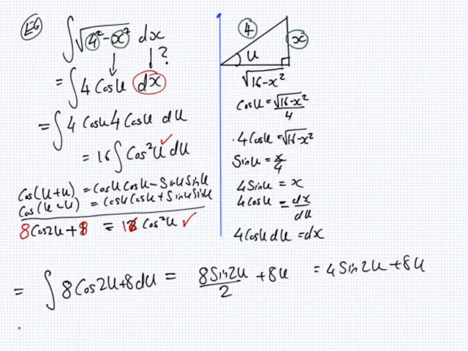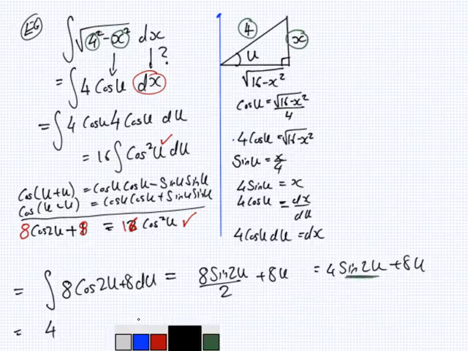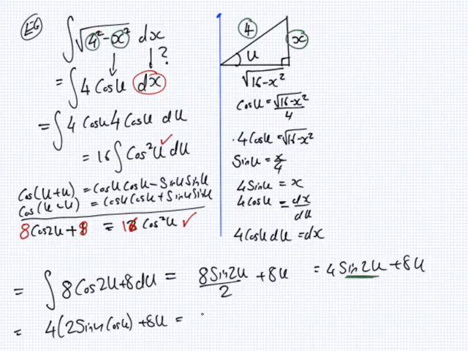So what I'll do, I'll change this into 4, and then we have the double angle rule for sine 2u. If you remember, that's 2 sine u cos u plus 8u. That will be 8 sine u cos u plus 8u. And you might think, well, that hasn't simplified it much, but it has actually, because we know what sine u and cos u are. We have them from this triangle.